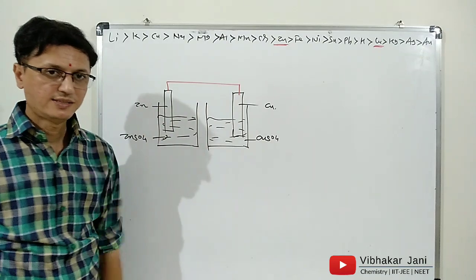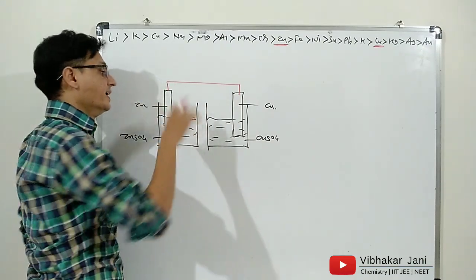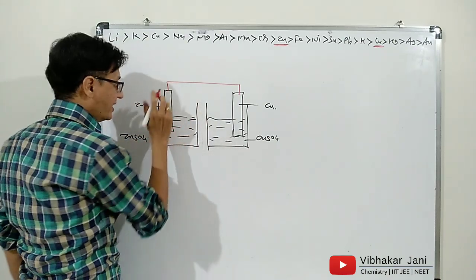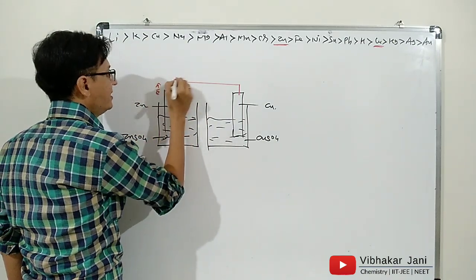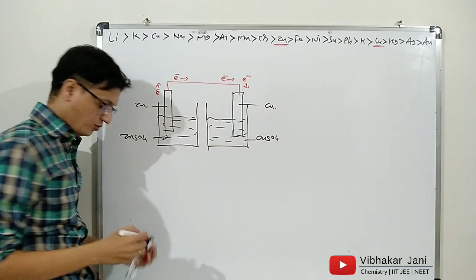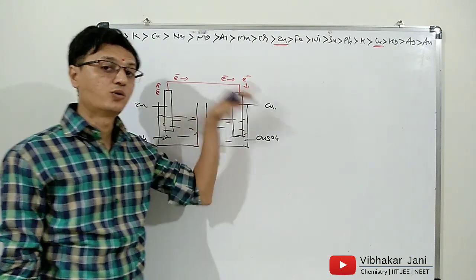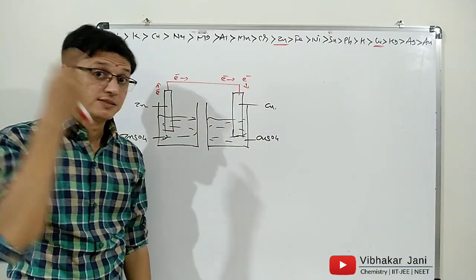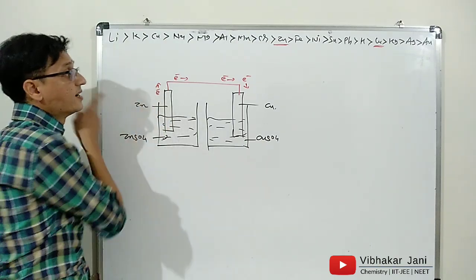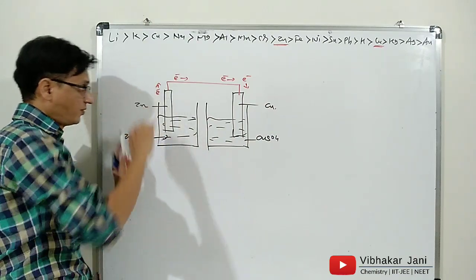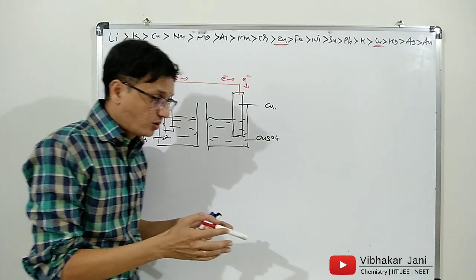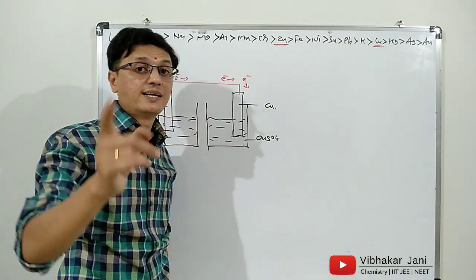If both electrodes are connected, then zinc will release electrons, and these electrons will start moving towards the less reactive metal, copper. Now the reaction has started, and electrons are moving in a single direction, from the zinc rod to the copper rod, and the flow of electrons in a single direction is considered as current.